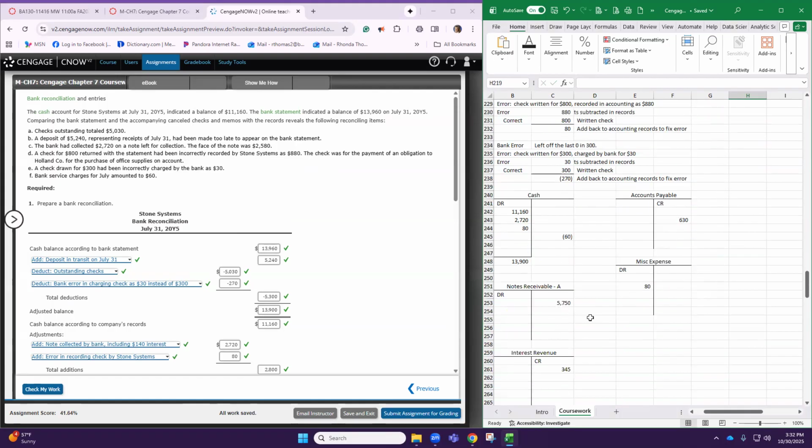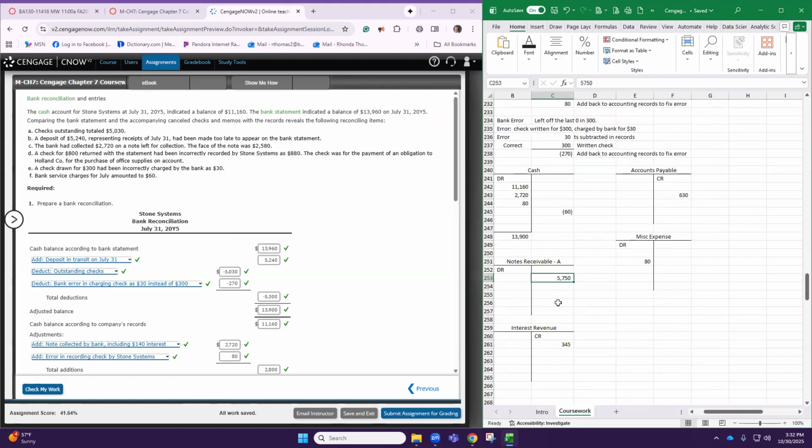Okay, so down goes the receivable for the amount that they're telling you, right? So the collected note, the face of the note is $25.80. That's the principal.